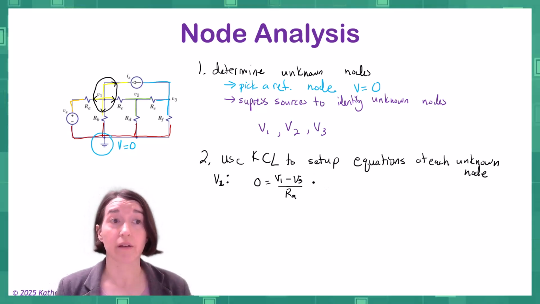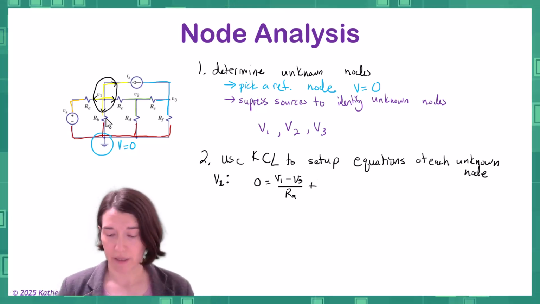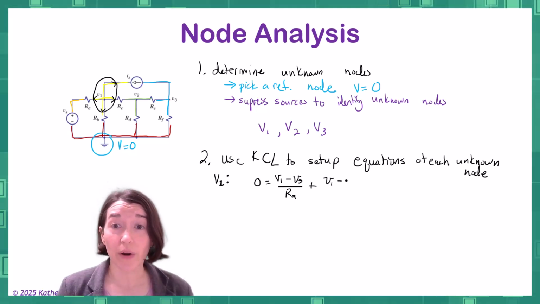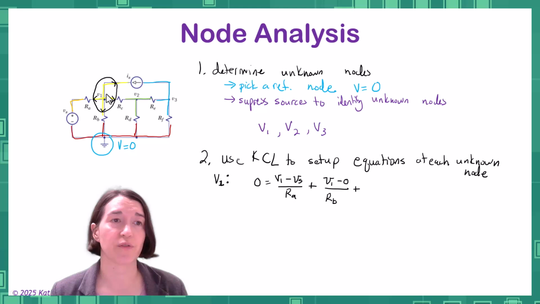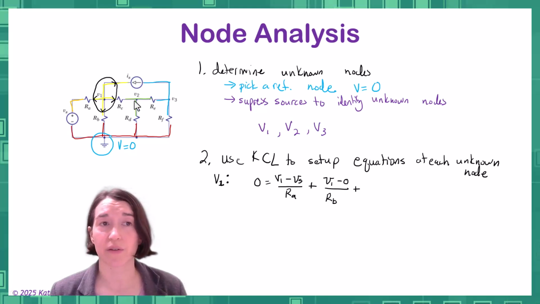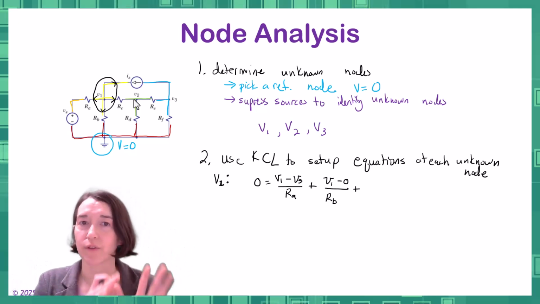So then we add that to the current going down to the bottom. So you have V1 going to 0. We already know that node, so it's 0, and that's Rb. And then plus this voltage V1, and on the other side of this resistor is V2. That's an unknown, but it's okay because we've defined V1, V2, V3.